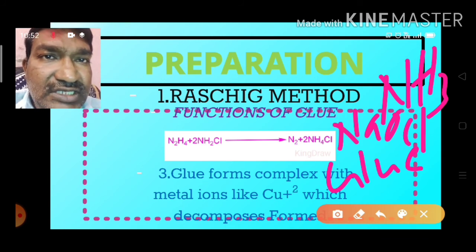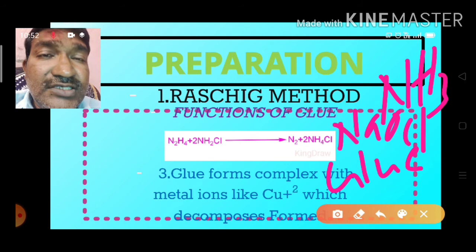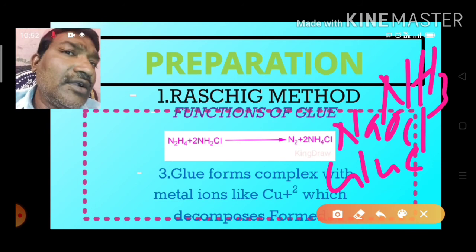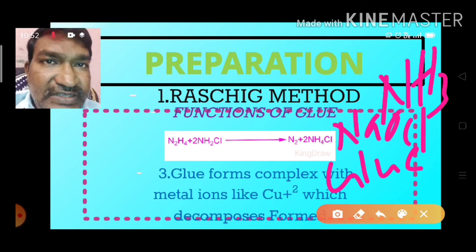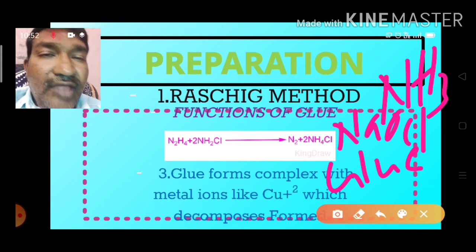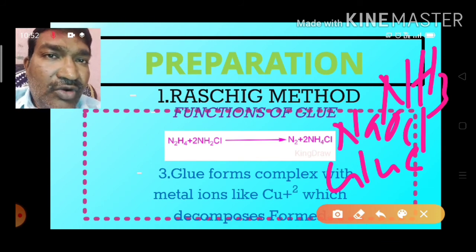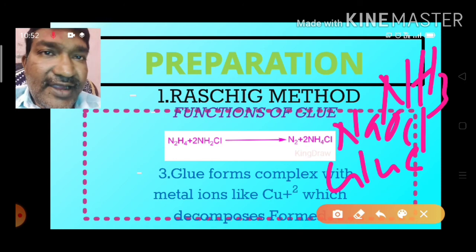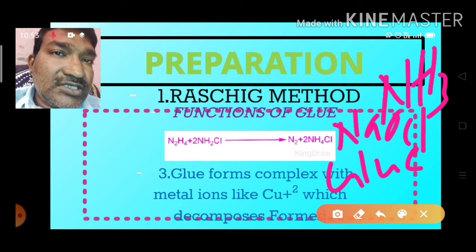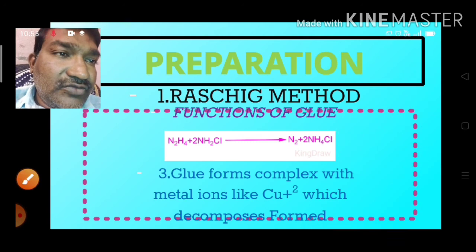First step is the fast step, and the second step is the slow step. First fast, second slow, like that we can remember. In the first step we get chloramine, and in the second step it reacts with one more molecule of ammonia and gives us hydrazine. So those are the steps we have to remember.